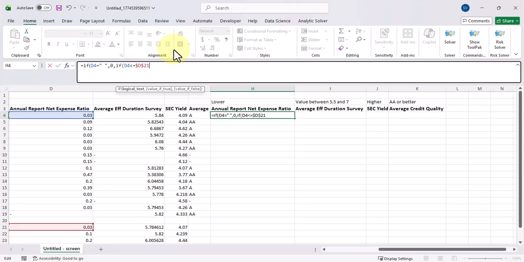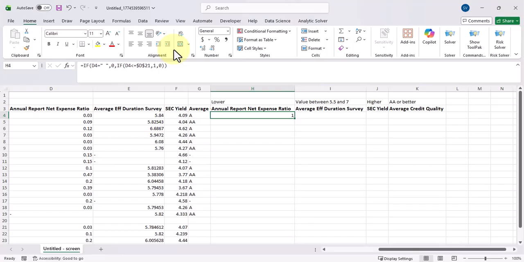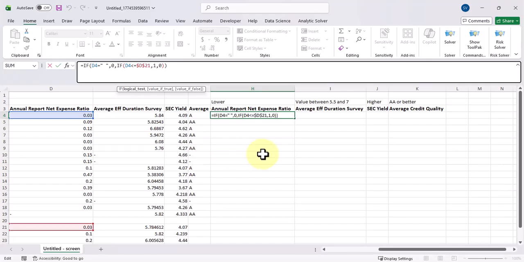I want it to give me a value of 1. If it's not, then I want a value of 0. And then I'm going to pull that down. I've locked that 20th percentile value in place.